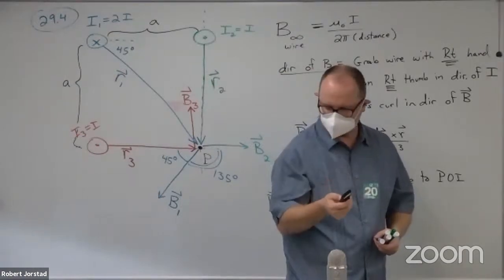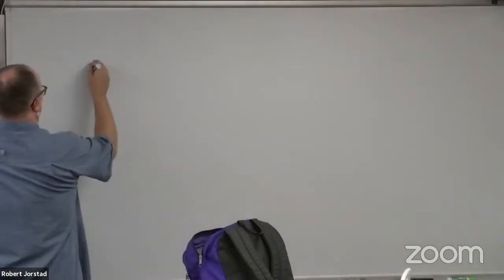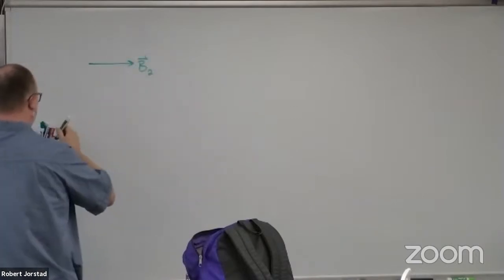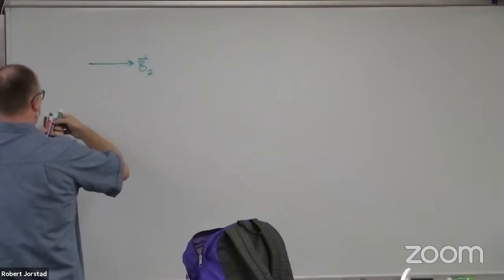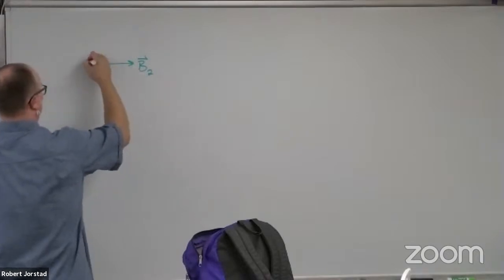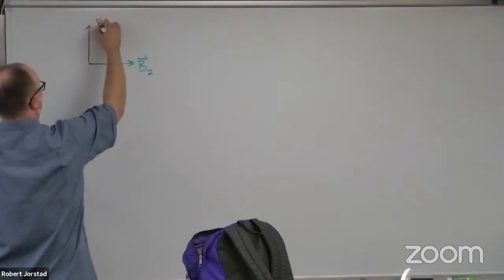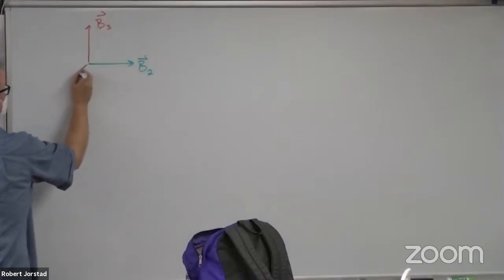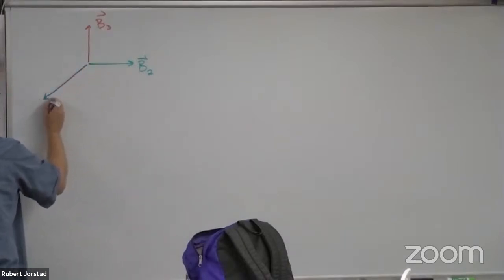Let's go to board 6. There we go. So I'm going to try and draw this one. We just said there's some B field this way, B2. We know there's a B field upwards, that was B3. And then there was one that was off at this 45 degree angle. It was a little bit longer.